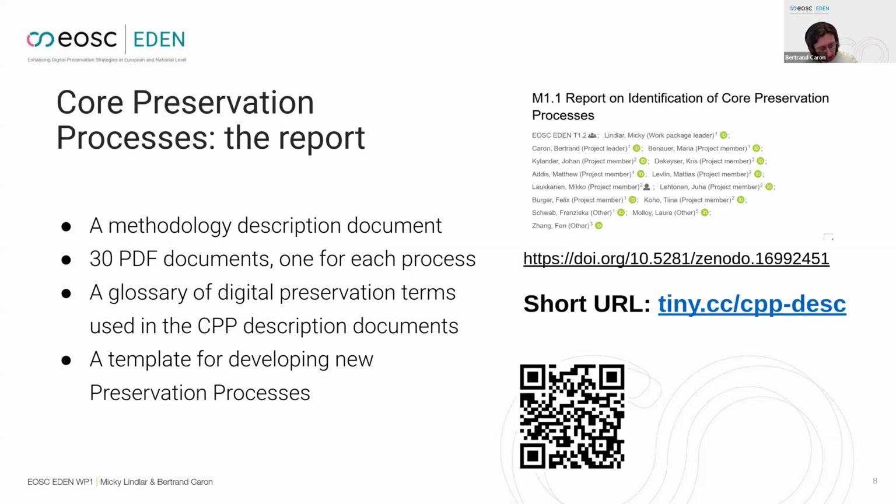I already mentioned the glossary, and what we also put in this report is a template for developing new preservation processes. It's basically the blank template for each of these documents with just the structure and the guidelines for filling in them.